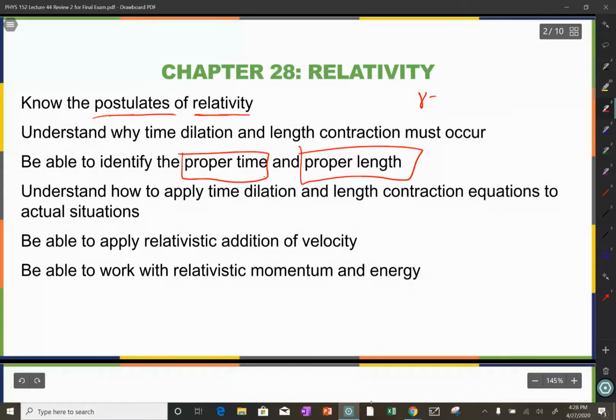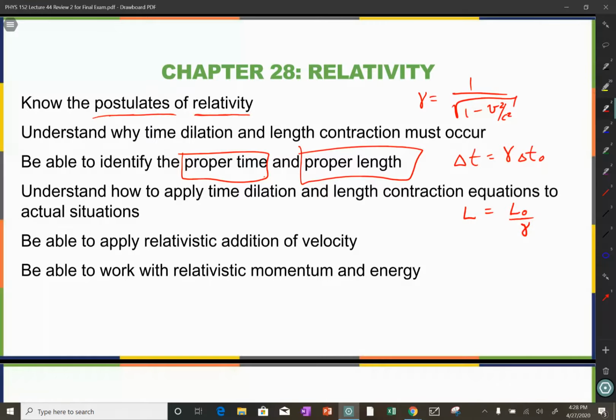Remember that Lorentz constant or factor, not a constant, and our time dilation equation, the dilated time is gamma times the proper time. Our length contraction equation, the contracted length is the proper length divided by gamma.